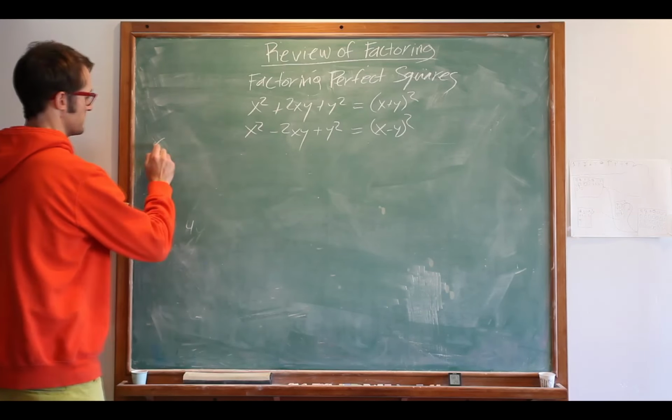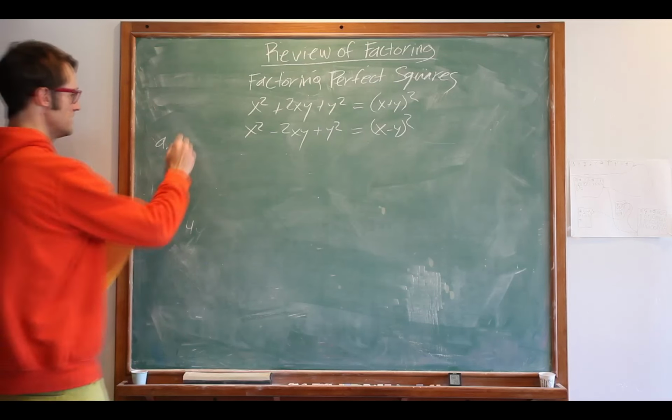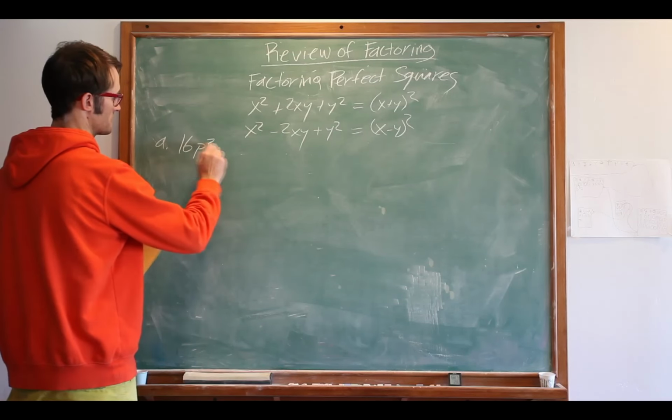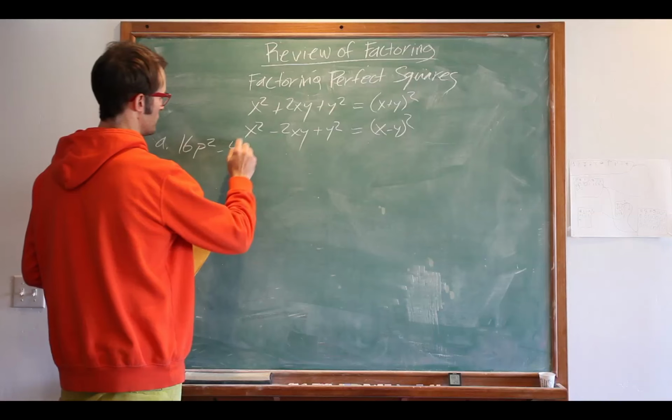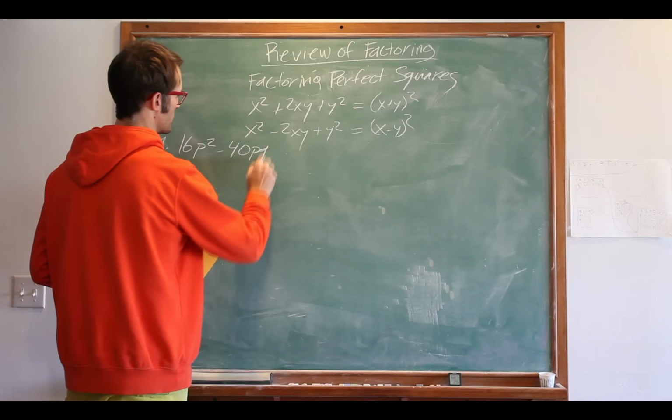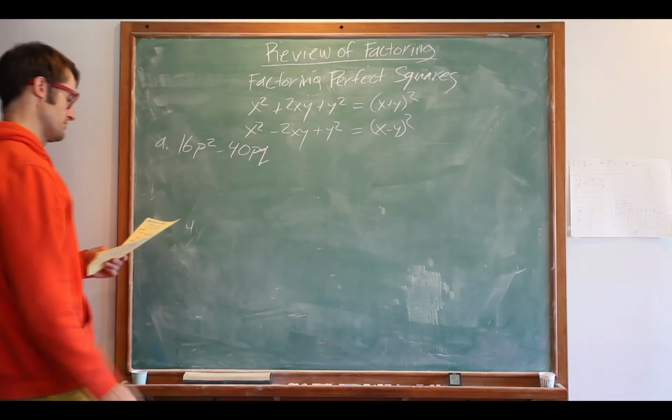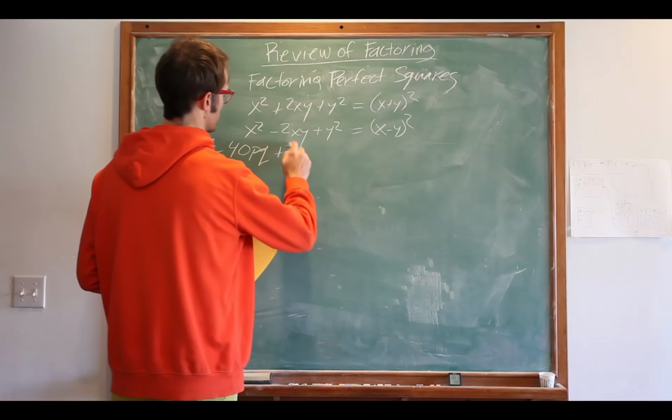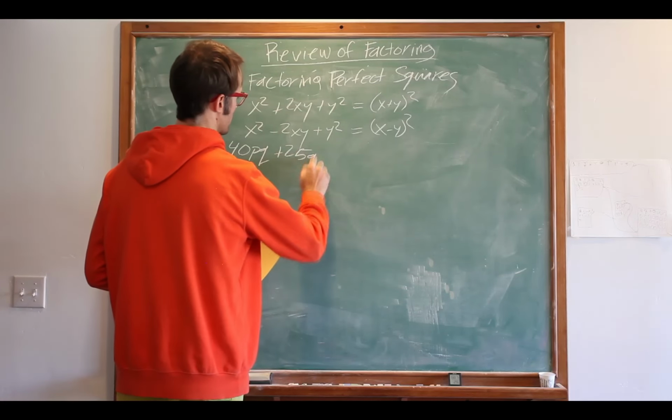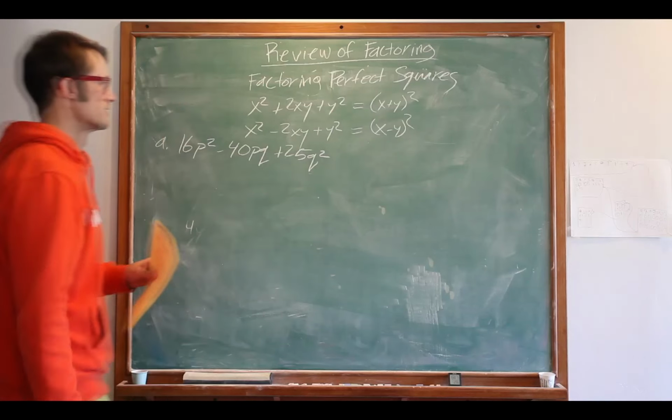So here's the first example. 16p squared minus 40pq plus 25q squared.